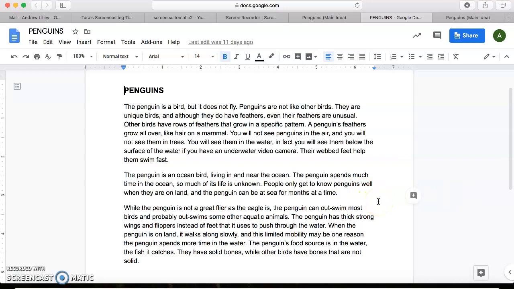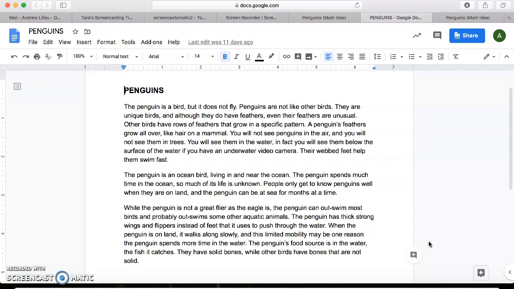The penguin spends much time in the ocean, so much of its life is unknown. People only get to know penguins well when they are on land, and the penguin can be at sea for months at a time. While the penguin is not a great flyer as the eagle is, the penguin can outswim most birds and probably outswim some other aquatic animals. The penguin has thick, strong wings and flippers instead of feet that it uses to push through the water.